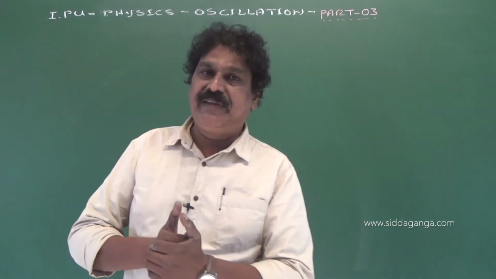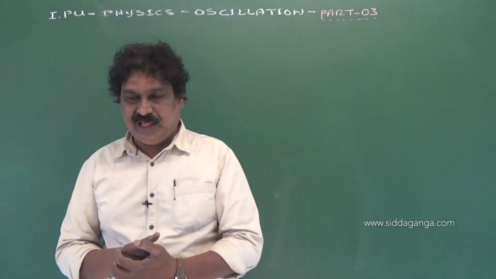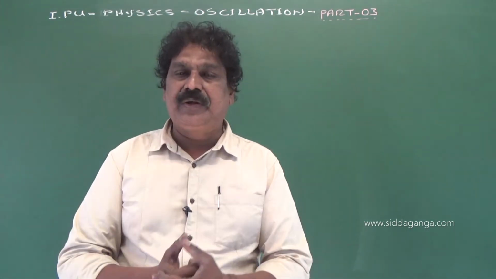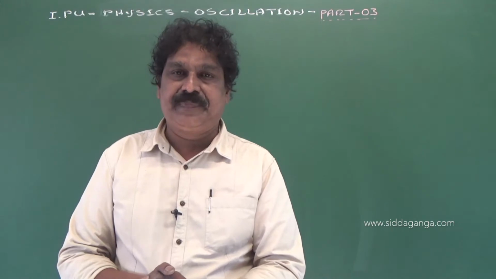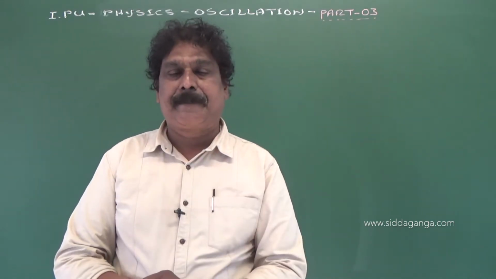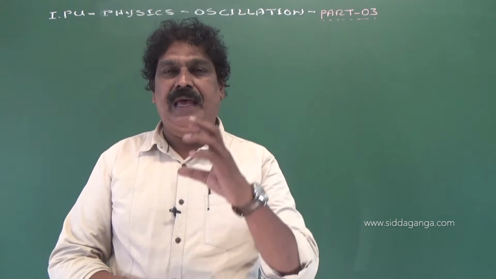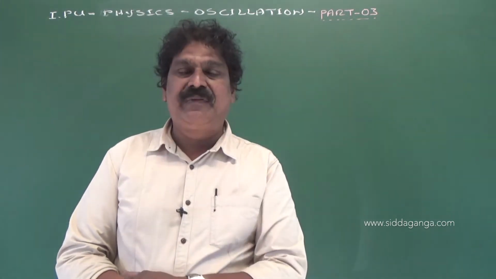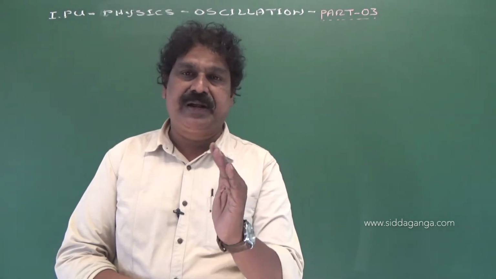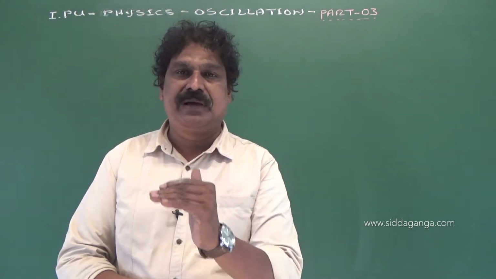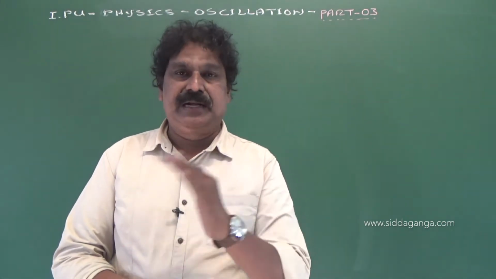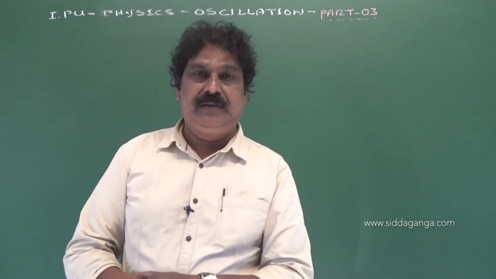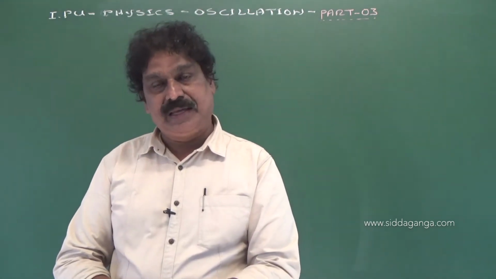In previous class we have discussed important terms which we are going to use often in the study of oscillation, that is period, frequency, amplitude, angular velocity, relation between angular velocity and time period, omega is equal to 2 pi by T, and relation between angular velocity and frequency, omega is equal to 2 pi f.